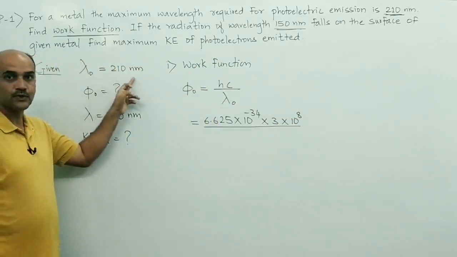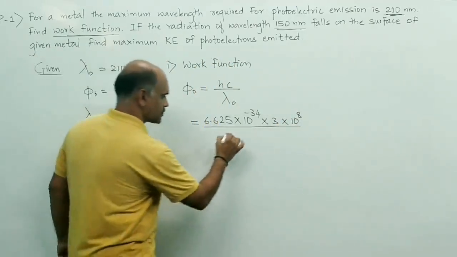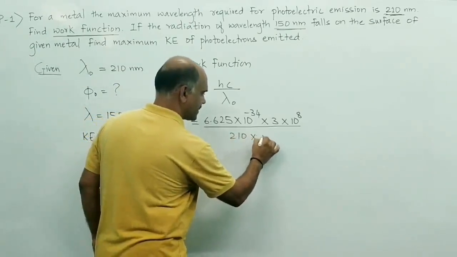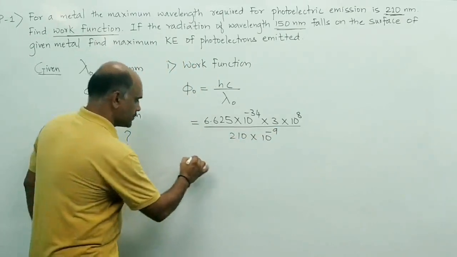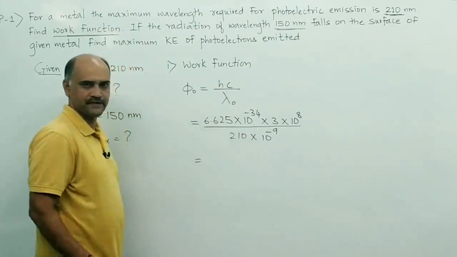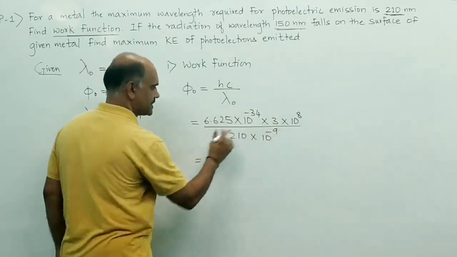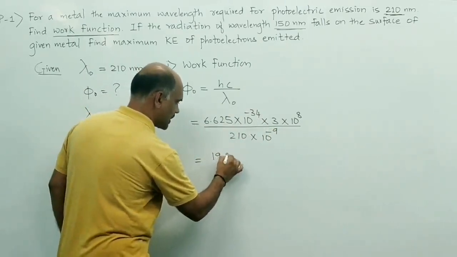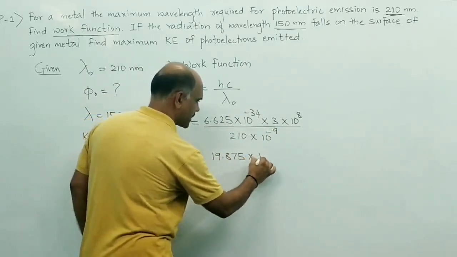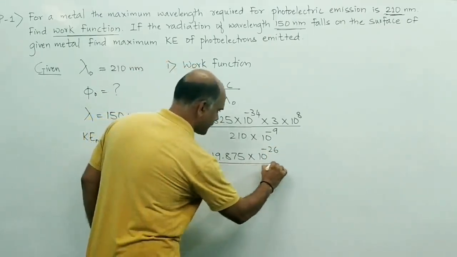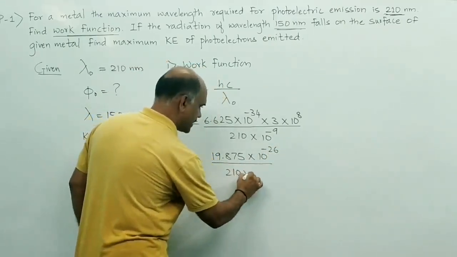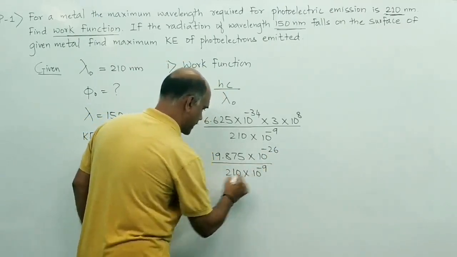Lambda naught is 210 nanometer, so that is 210 into 10 raised to minus 9. Now using a calculator you simplify this. If I multiply these two, you will get 19.875 into 10 raised to minus 26 divided by 210 into 10 raised to minus 9.